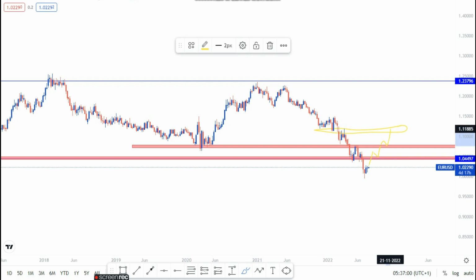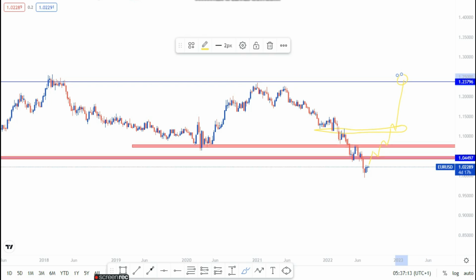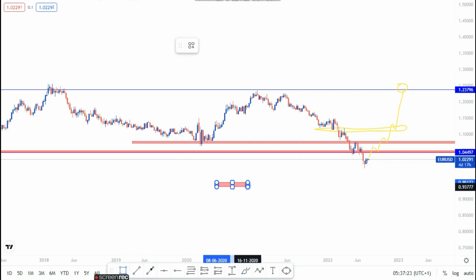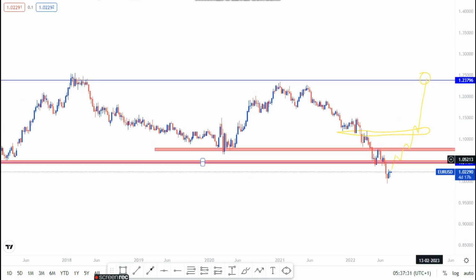So price can now move here. And if it breaks here, price can keep going down to this level. That level we had on the monthly.